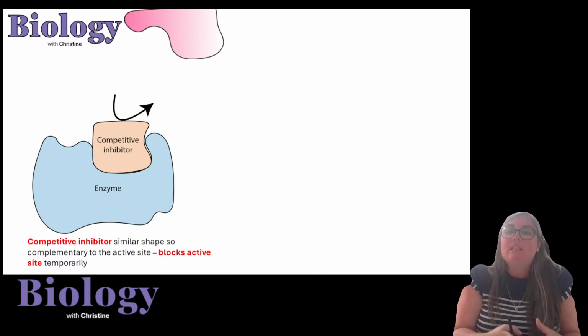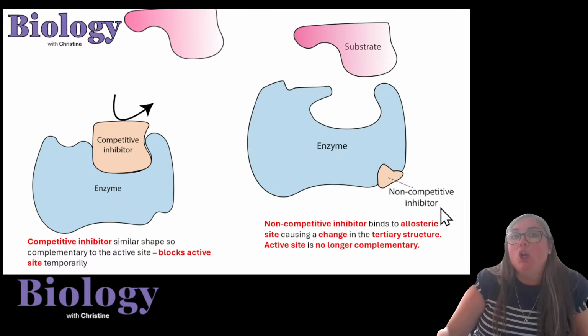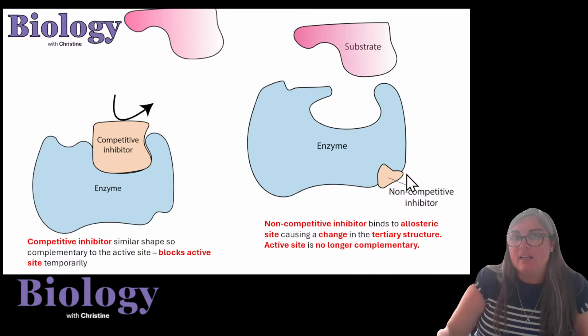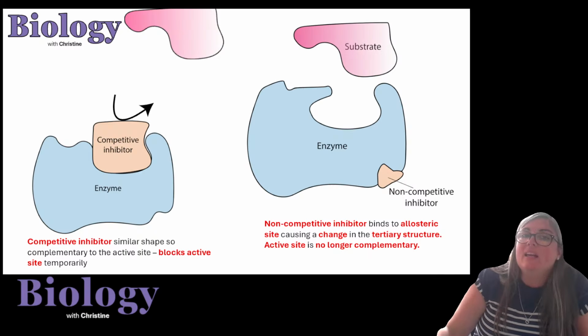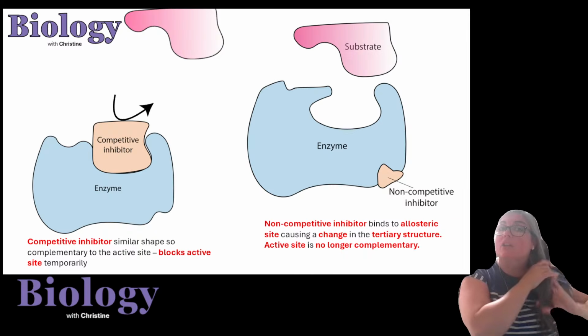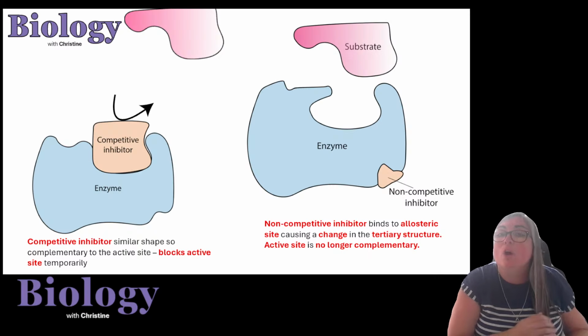It is competing for the active site. A non-competitive inhibitor binds to an allosteric site, a site away from the active site, which changes the tertiary structure. If we change the tertiary structure, the active site is no longer complementary.